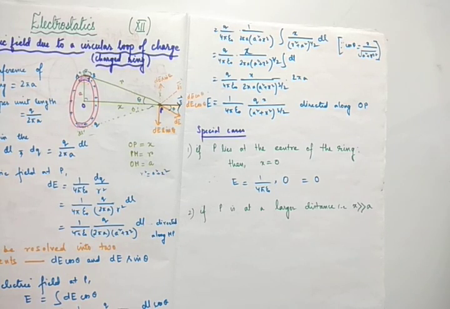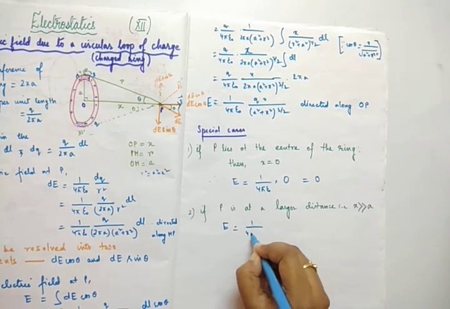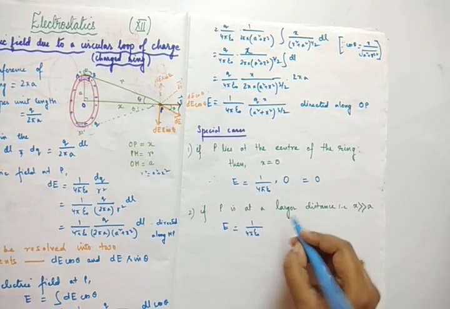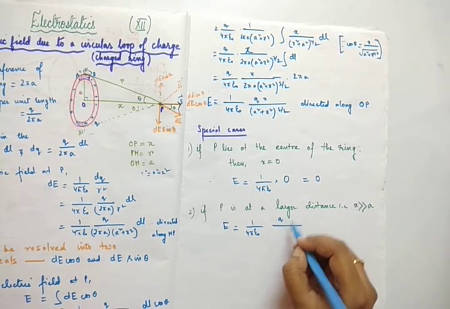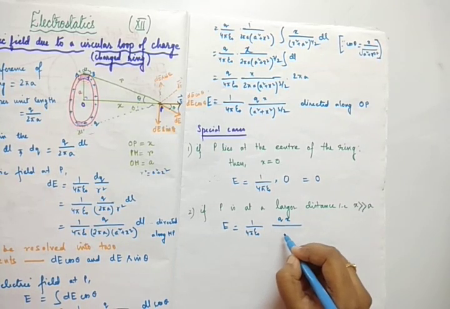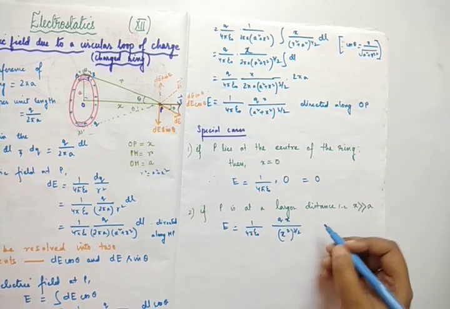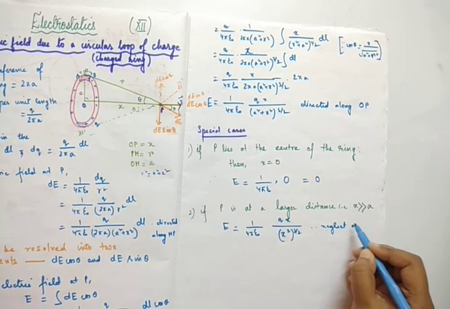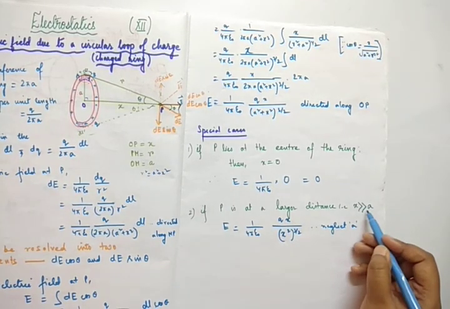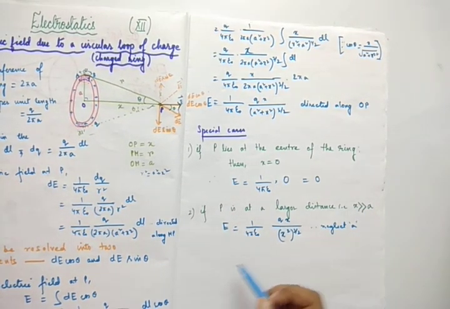In that case, we can write E equals 1 by 4 pi epsilon naught, Qx by x square to the power 3 by 2. Why? Here we will neglect a, because it is very small compared to x.